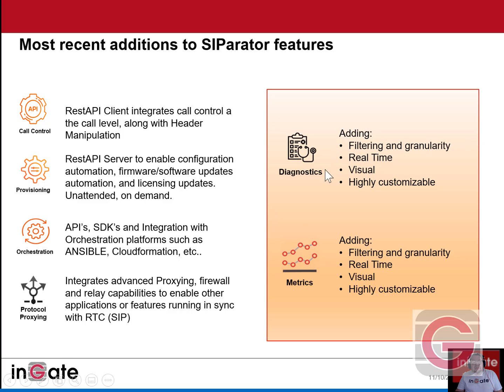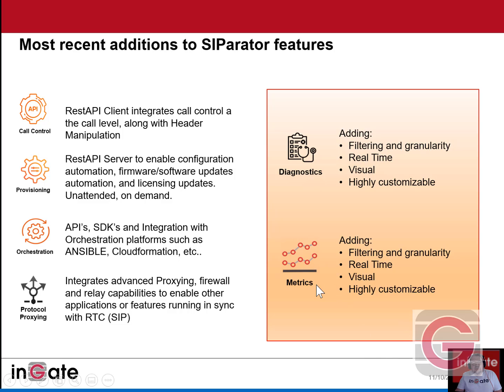And the topic that we are going to talk about today is diagnosing and troubleshooting: how to add skills to your support organization in order to be able to filter, visualize, act in real time, and customize, to improve your diagnosing capabilities.